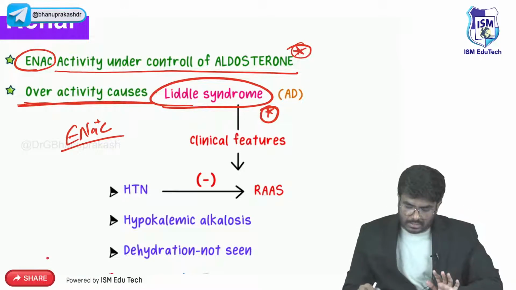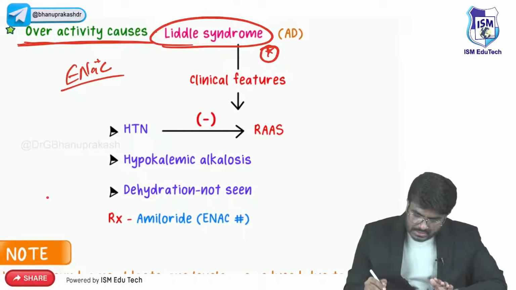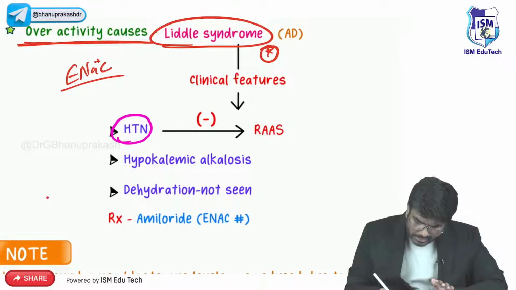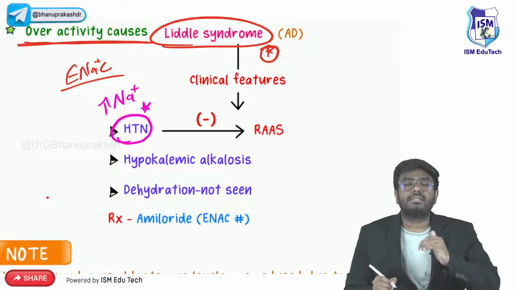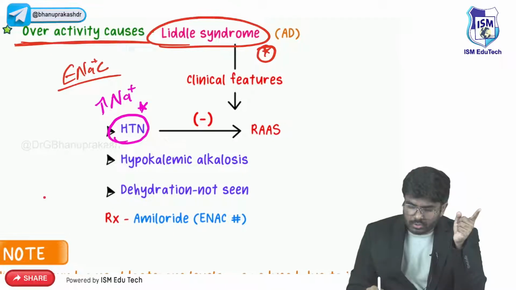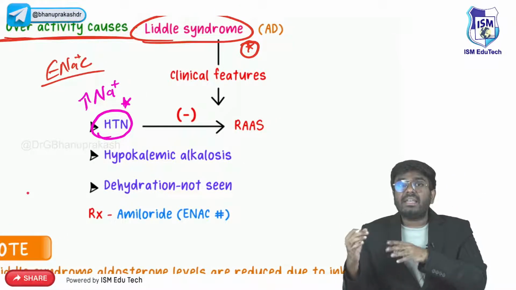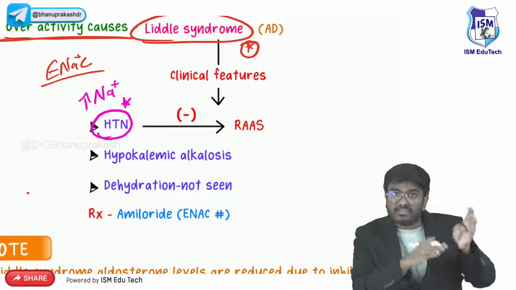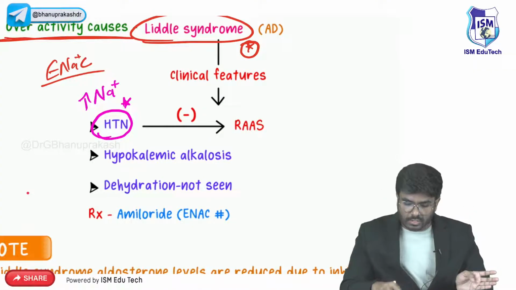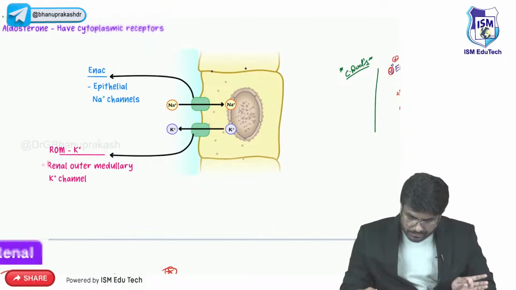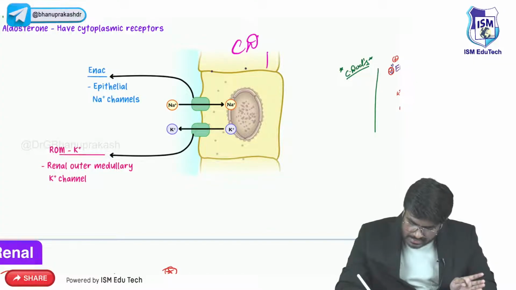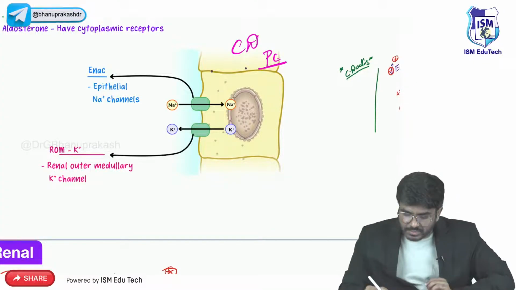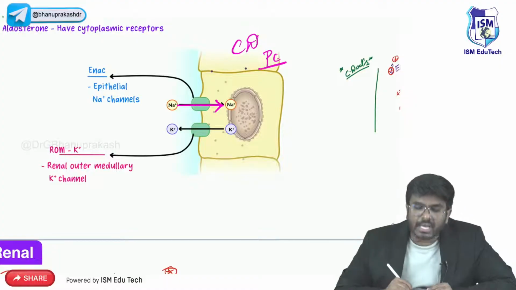Why am I telling you this? Because in this Liddle syndrome, the patient is going to have hypertension as well as hypernatremia. Now, whenever more and more sodium is being reabsorbed, in exchange for sodium, more potassium will go out. Normally, this is the collecting duct, and this is the principal cell. In the principal cell, sodium reabsorption happens.